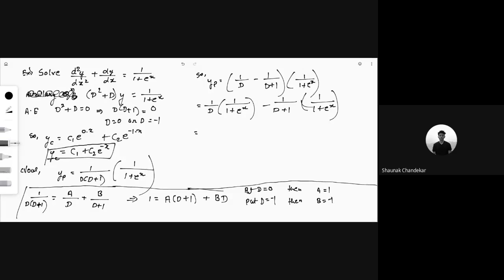Okay, let's find someone else. Shrutika, absent. No, sir. Huh, you cannot tell me what is 1 upon d. Omkar, not there.